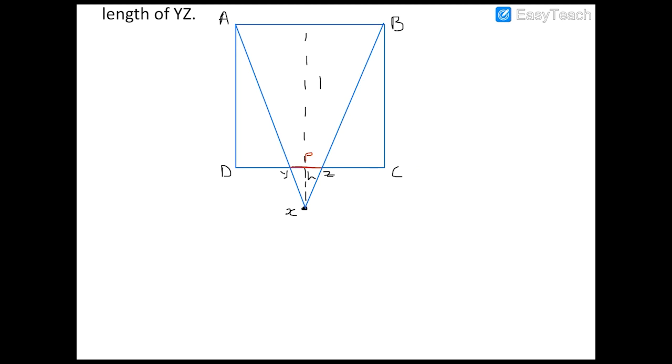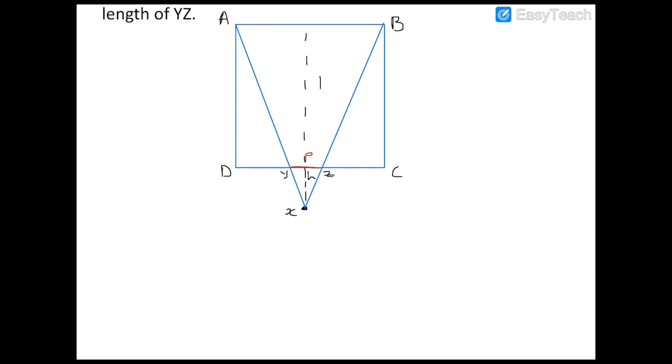Now it's important that you remember the theorem we just did in the previous example. So triangle YXZ is similar to triangle AXB, because this is parallel to that, so it makes these two triangles similar.